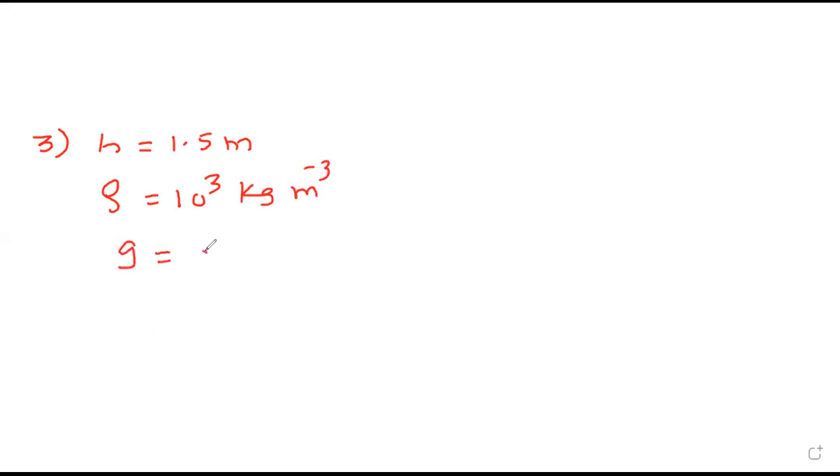Acceleration due to gravity 9.8 meter per second square. And area of base of the vessel 100 centimeter square. Calculate the pressure and thrust at the base of the vessel.